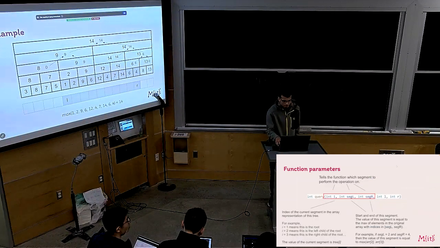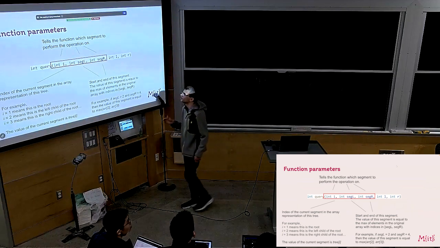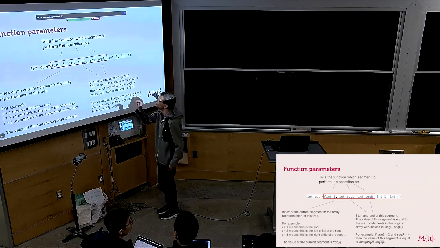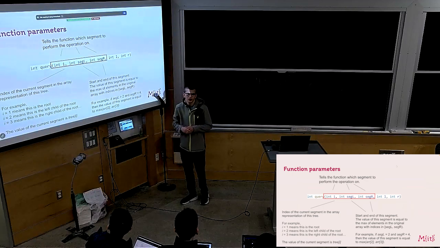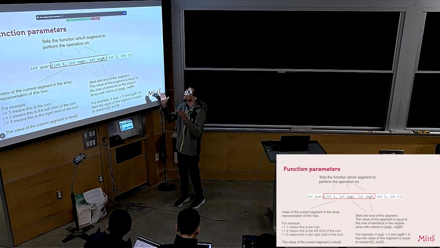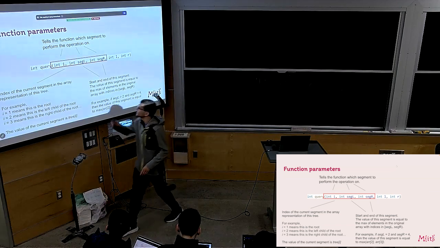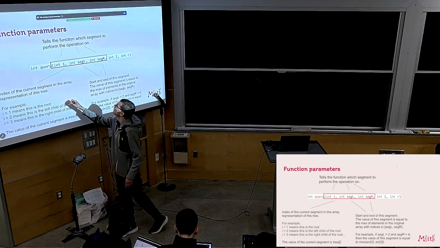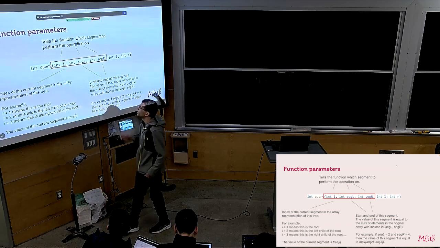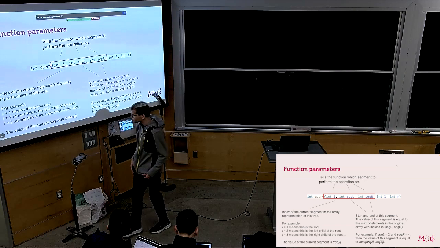Okay. So far I had a mystery parameter, segment, that I didn't really explain how that would work. The actual properties of a segment you care about are its index, which I represent with the variable I, and the left and the right endpoint of the segment.